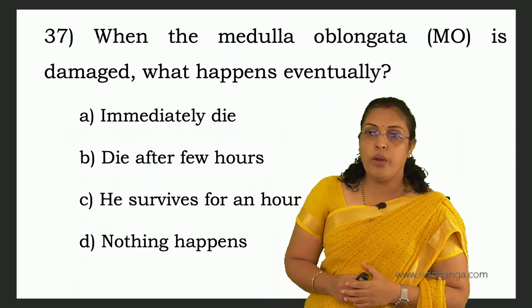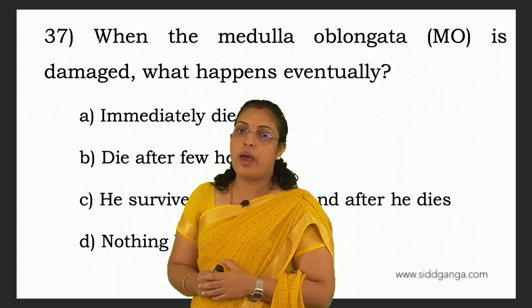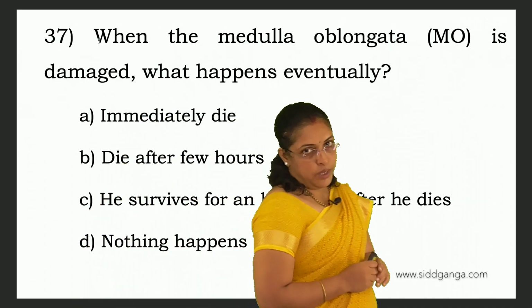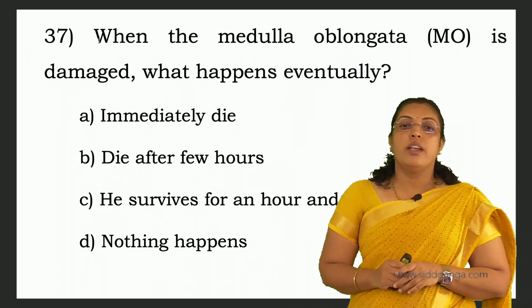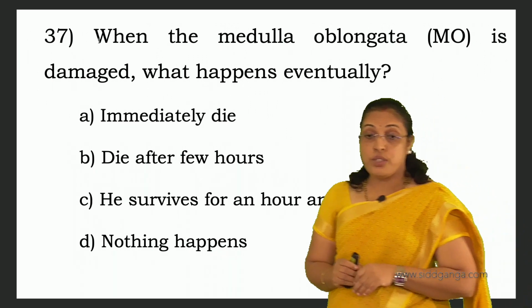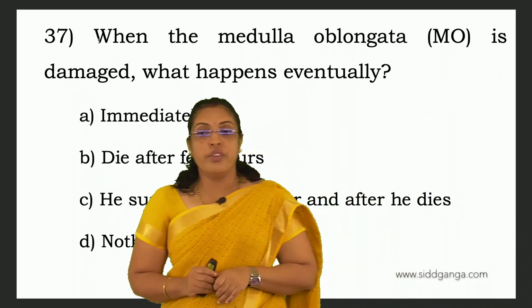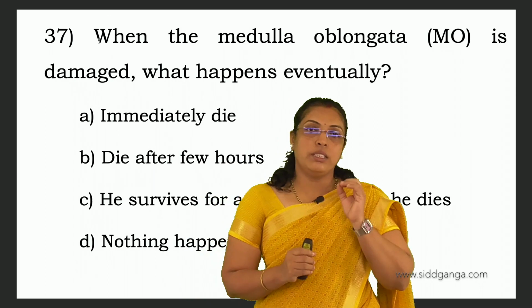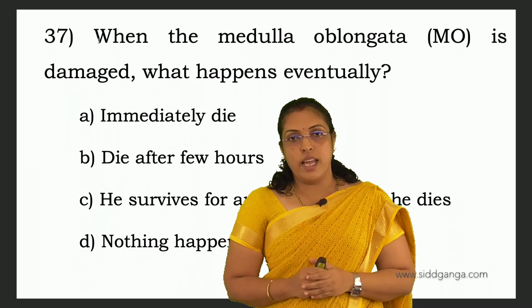When the medulla oblongata is damaged, what happens eventually? First option, the person immediately dies. Second option, dies after a few hours. Third, he survives for an hour and then dies. None of the above, nothing happens. For 37, A is the answer.